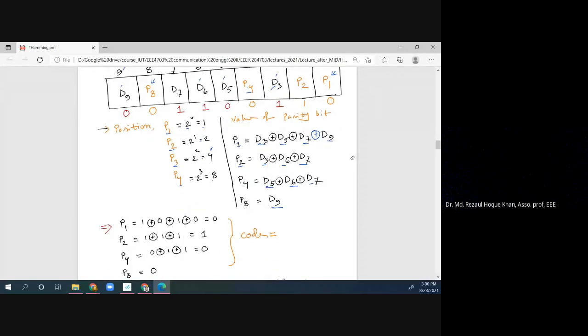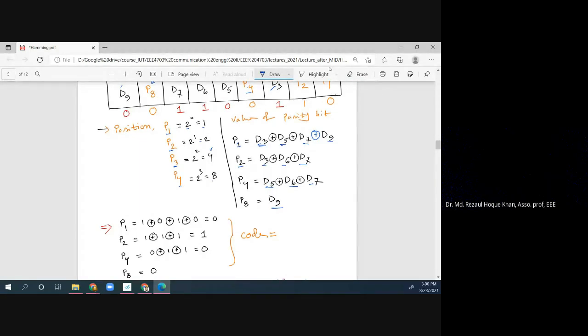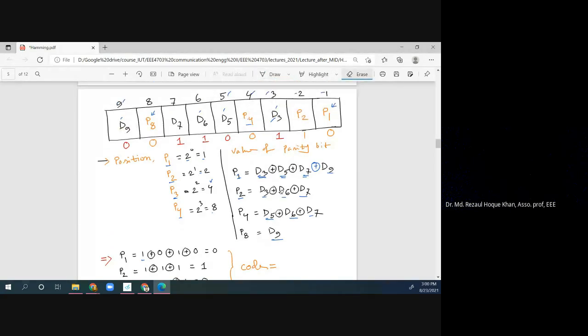Now we will try to figure it out. Let us put the values, then we can easily understand. Let me erase all these values.